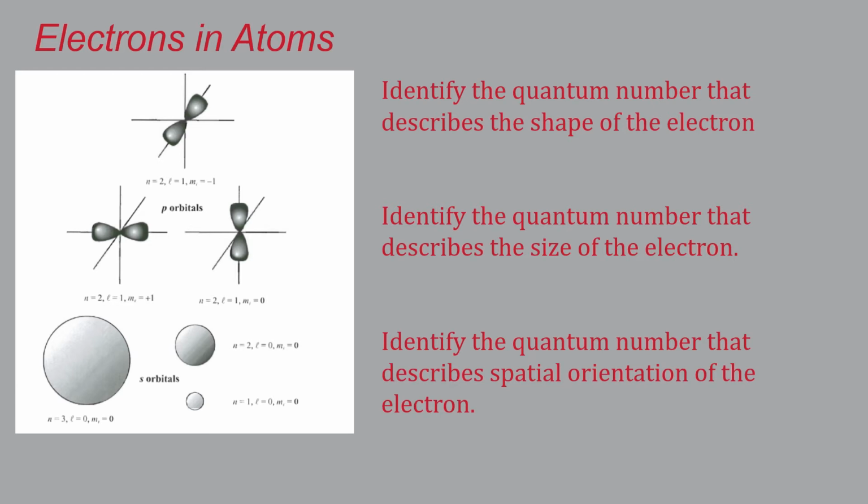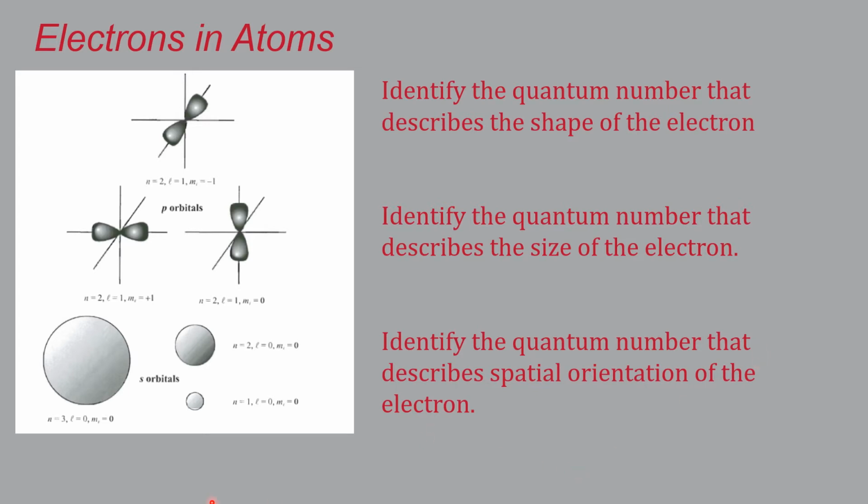And in particular, of the 3, n, L, and m sub L, one of them will tell you exclusively the shape, one of them will tell you the size of an electron with that quantum number, and one of them will tell you the spatial orientation.